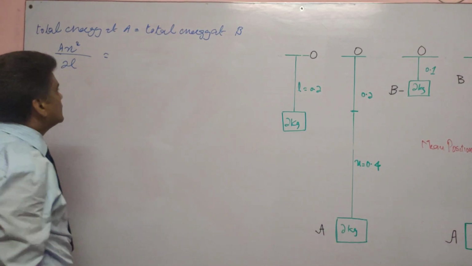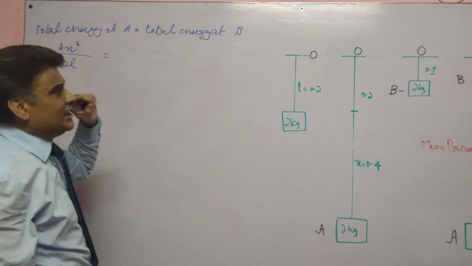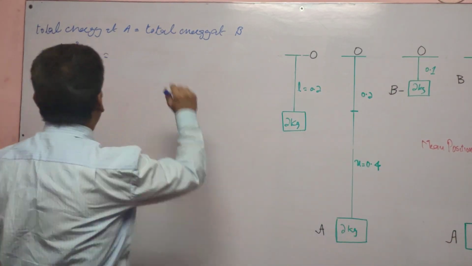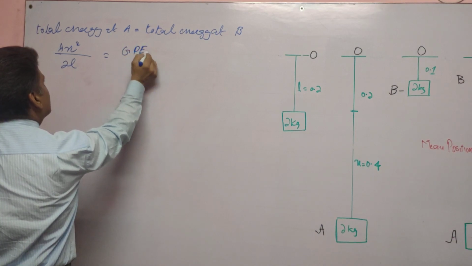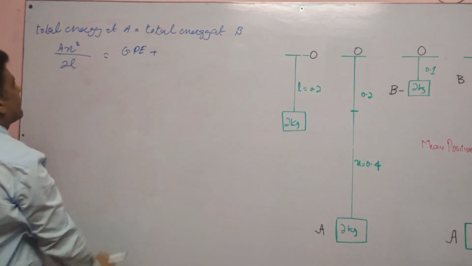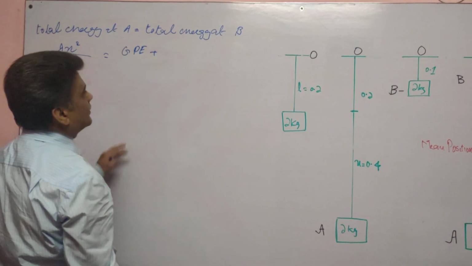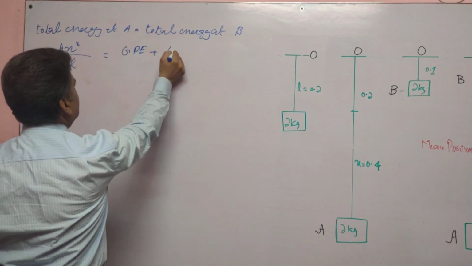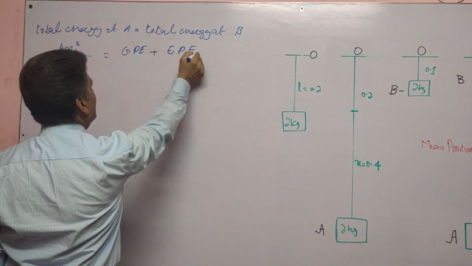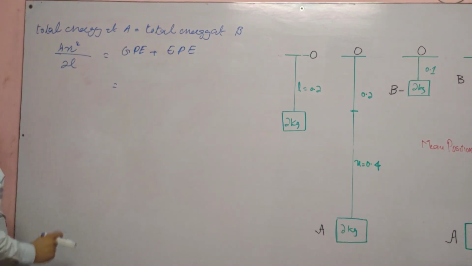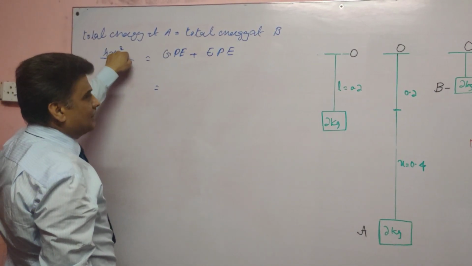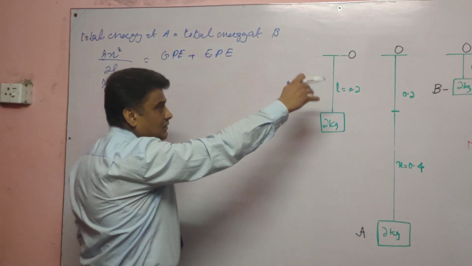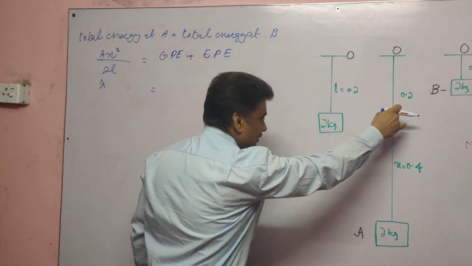Energy at B is gravitational potential energy plus elastic potential energy, lambda, where the value of x, the extension of the string, is 0.4.